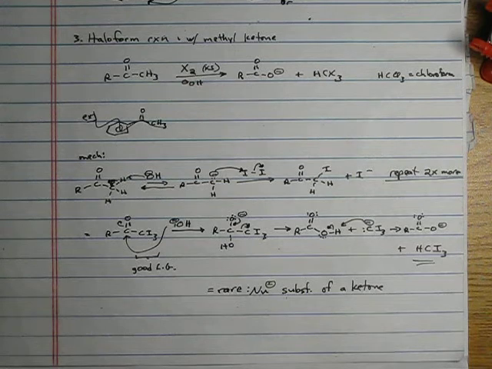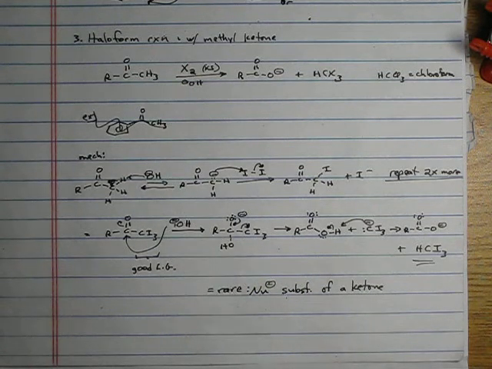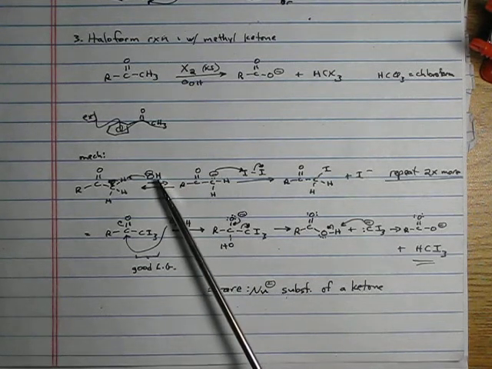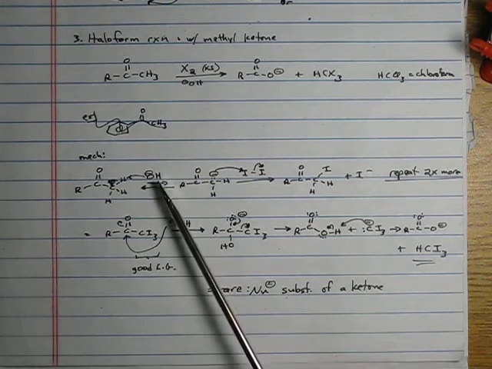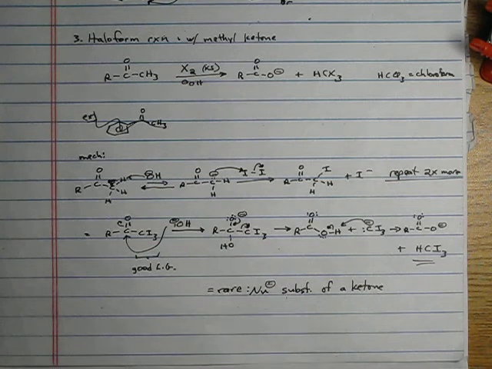All right. Now, question, what if we ran this haloform reaction, but instead of OH minus as our catalyst, we used OD minus, a deuterium instead of a hydrogen with no neutrons in the nucleus? What if we used a deuterium with 1 proton, 1 neutron in the nucleus? What would our final product be?